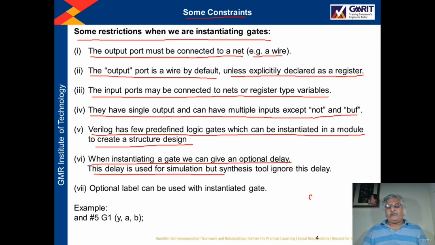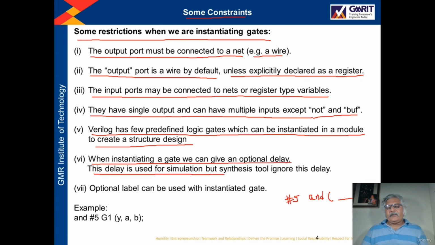Suppose somewhere we have used this AND gate, and we have mentioned some input and output here, and if we mention some delay like 5 unit delay, 5 microsecond or 5 nanosecond, this type of delay you can mention, right?